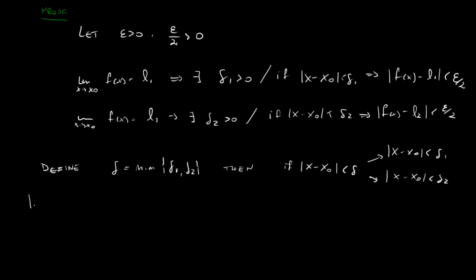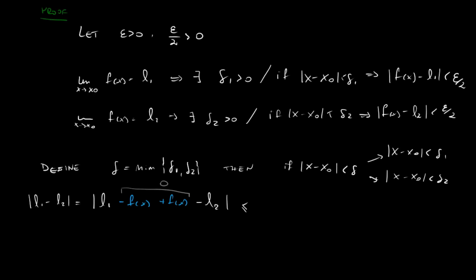Now let's try and make |L1 minus L2| as small as possible, because if this is very small, then it means that L2 and L1 are very similar. We can write this as the absolute value of L1 minus f of x plus f of x, and we can do this because this is equal to 0, minus L2.